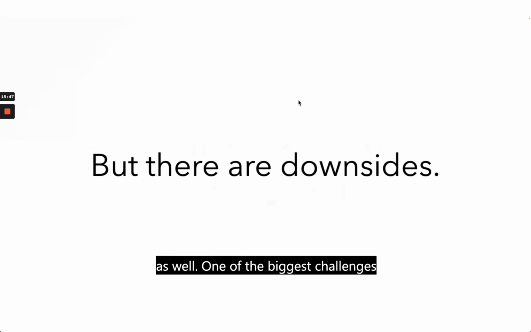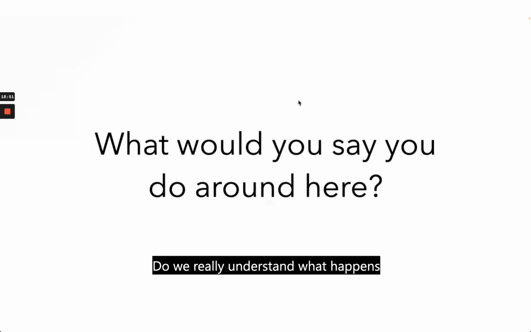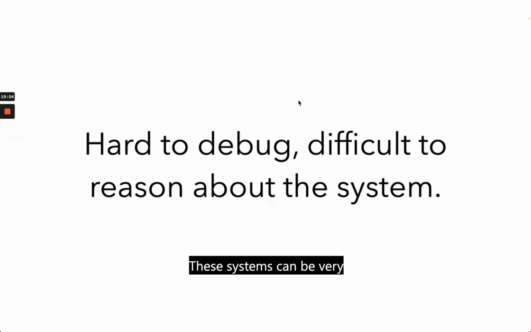One of the biggest challenges with this kind of system is, do we really understand what happens when a new customer signs up? Do we really understand what happens when an order is placed? It depends on who has registered or potentially deregistered interest in that event happening. These systems can be very challenging to debug, and it can be really hard to reason about the system.